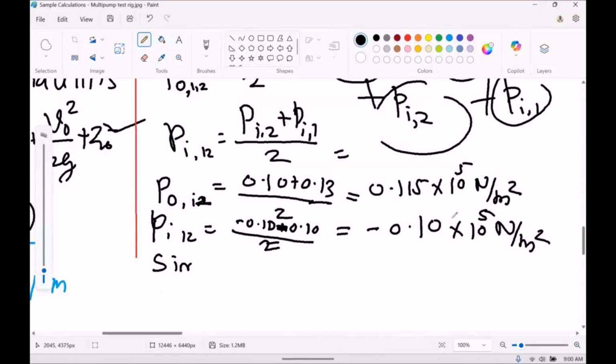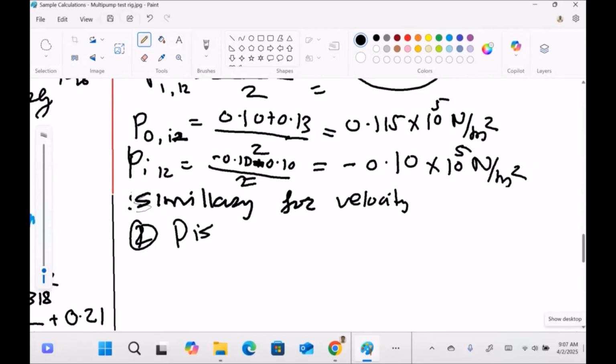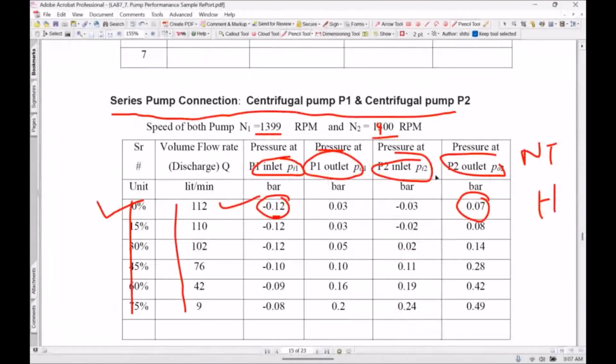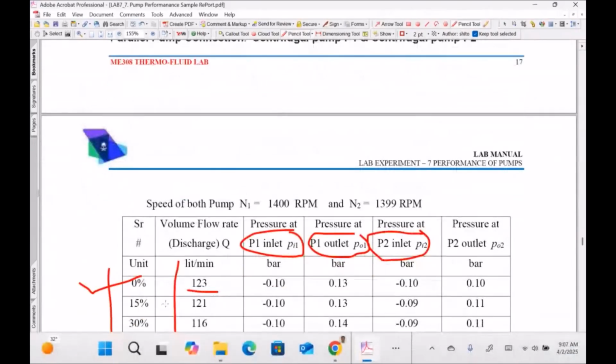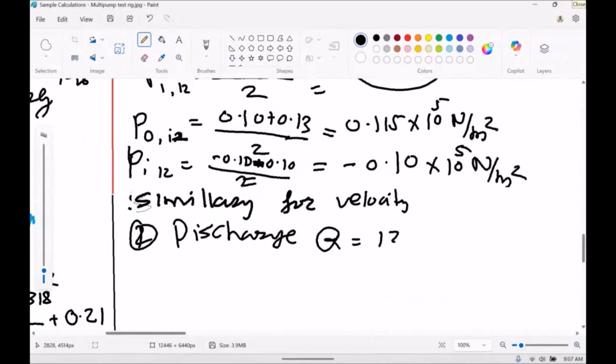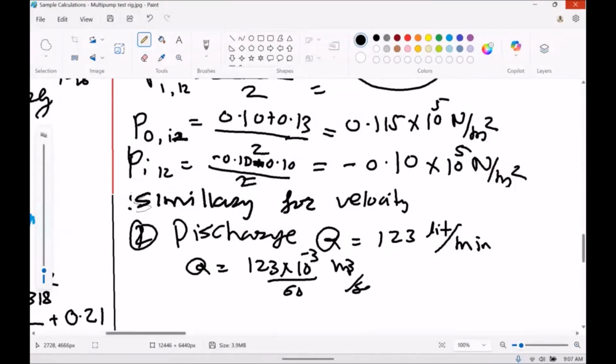So similarly, I need to find the average velocity. For average velocity, I need the discharge. It was for series, and this is a parallel connection, so I will go for the parallel connection. The parallel discharge is 123 liter per minute. Q is equal to 123 into 10 to the power minus 3 divided by 60 meter cube per second. So it will be 2.05 into 10 to the power minus 3 meter cube per second.